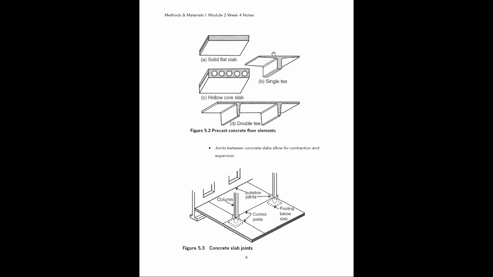So they basically form a T shape, so it's a thinner structure on the top, and then it comes down to this T shape at the bottom. This is a single T, and then there's a double T. And then basically what they do is they take all of these panels and then they butt them up against each other over top of the beam and girder system.